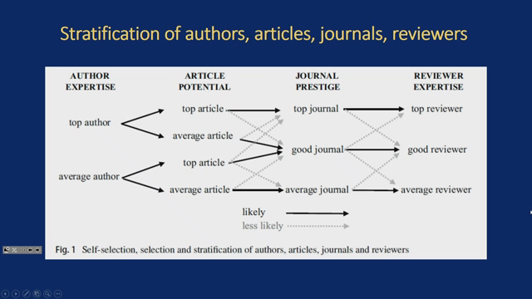And editors will try to have higher chances to recruit a top scientist as a reviewer. So this process subtly has the effect of aligning and stratifying authors, articles, journals, and reviewers along their quality, expertise, and prestige.